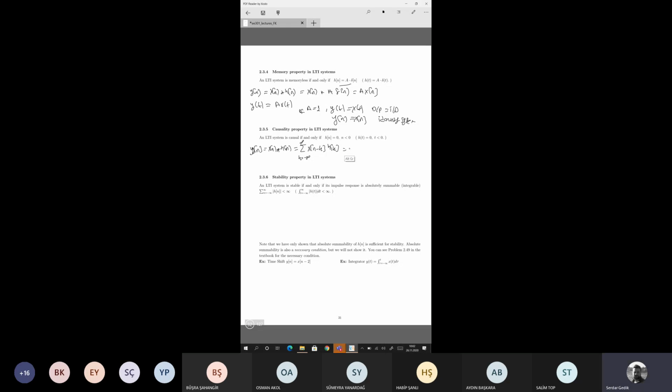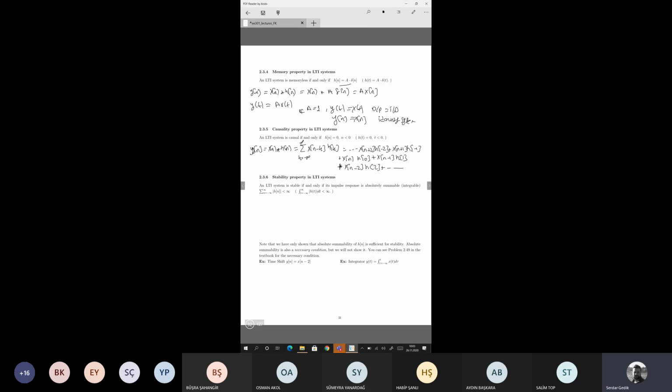This is equal to, let's write a few terms: x[n+2] h[-2] plus x[n+1] h[-1] plus x[n] h[0] plus x[n-1] h[1] plus x[n-2] h[2], and so on.